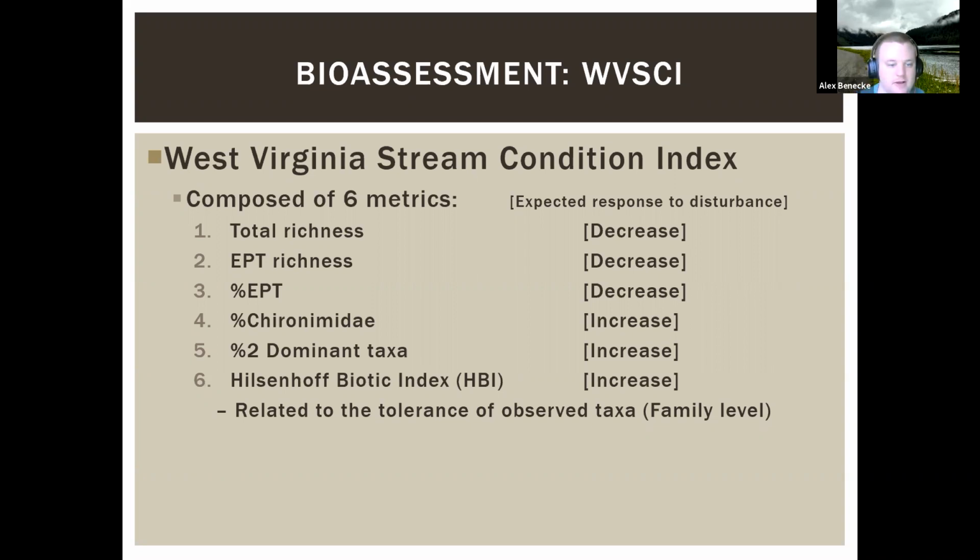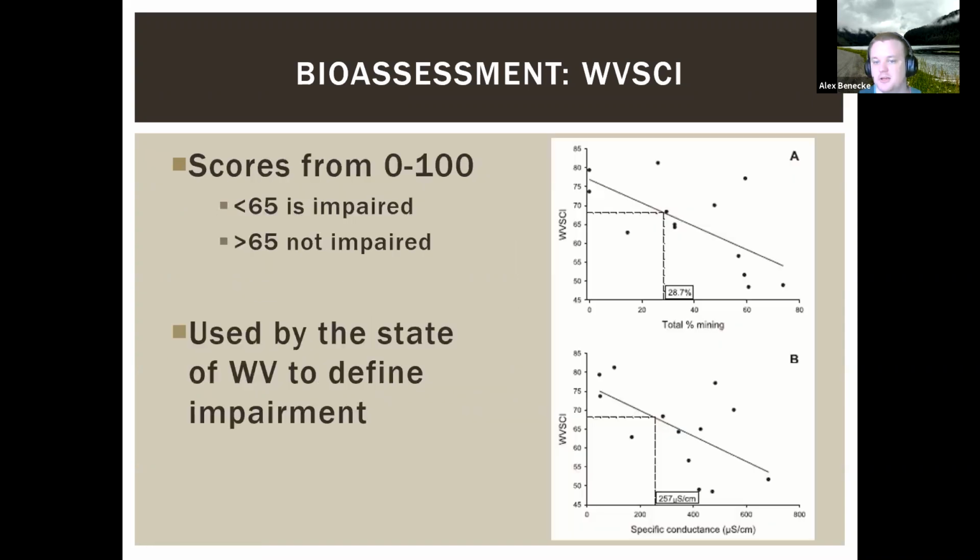So they have values, I think, between 1 and 10 that represent a particular organism's tolerance of pollutants, 10 being very tolerant, 1 being intolerant. And then they'll use that along with the abundance of the individual organisms to calculate this HBI, the Hilsenhoff Biotic Index. So those are the 6 that we'll be interested in for the West Virginia Stream Condition Index.